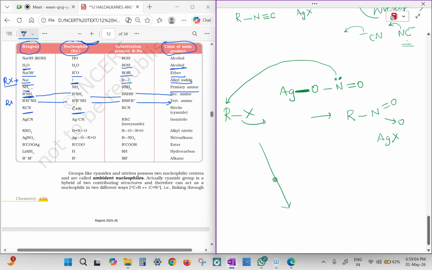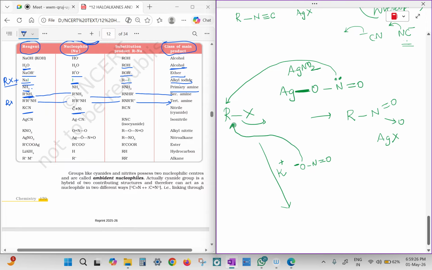But if you react it with KNO2, this is put together, it's said to be AgNO2, KNO2. Now we know that this is K plus and O minus N double bond O. Since potassium is a larger cation, the negative charge is very much available on the oxygen.